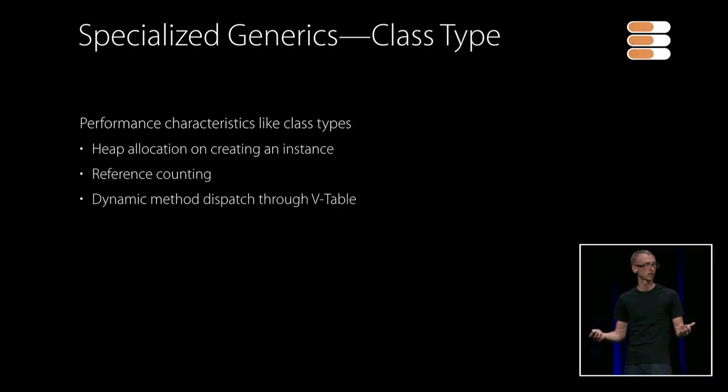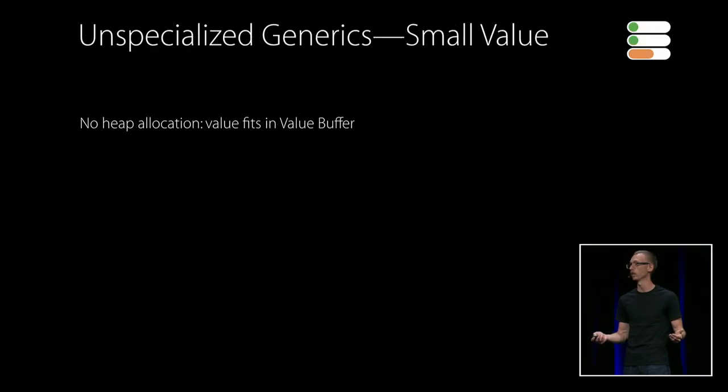Comparing this with class types, if we use class types, we get similar characteristics to classes, so heap allocation on creating the instance, reference counting for passing the value around, and dynamic dispatch with the vtable. Now let's look at unspecialized generic code containing small values.